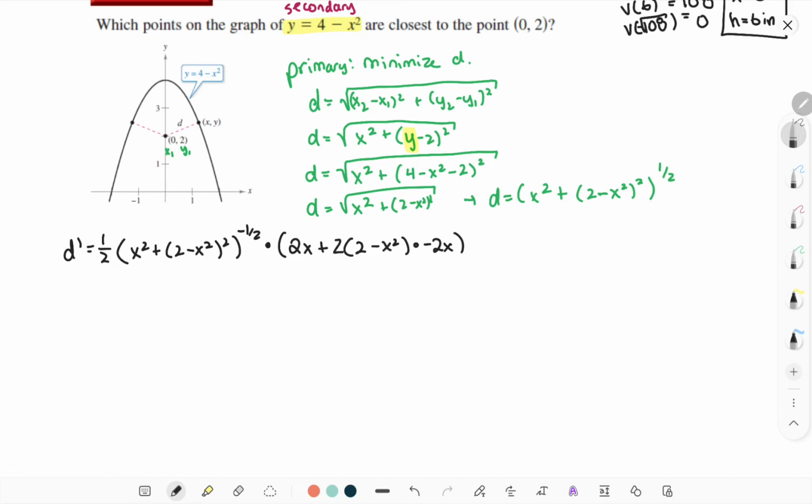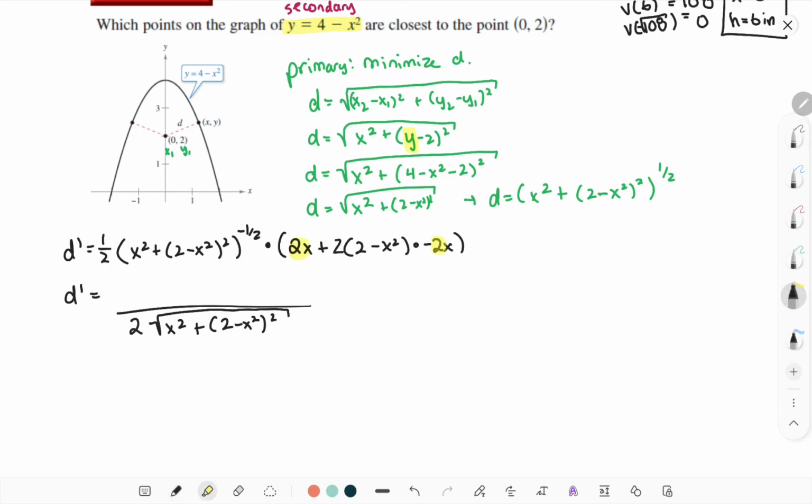Rewrite this as a denominator and simplify things a little bit here. So I'm going to move this to my denominator on the bottom here. I have a 2 from that fraction 1/2. I also have a square root of x squared plus 2 minus x squared, all squared. On the top, I have this whole second factor.